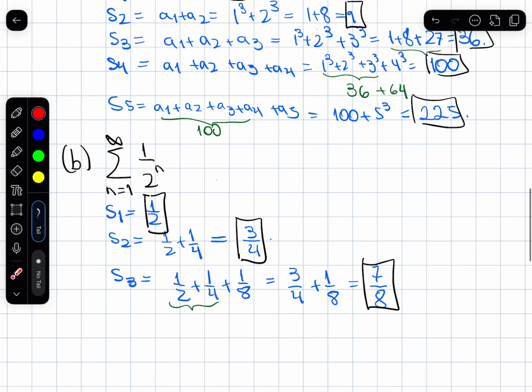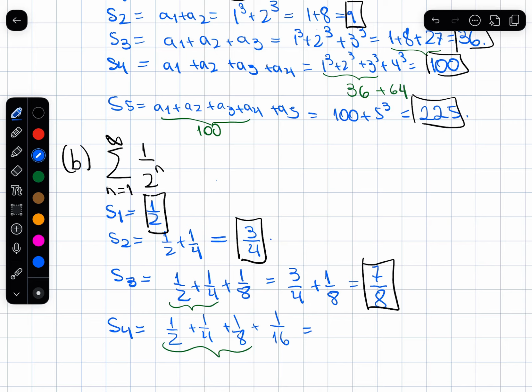So let's see what S4 is to see if our prediction is correct. And maybe it's not going to be correct. So S4, I'm adding 4 terms now. And so these I've already added. So that's 7 over 8, plus 1 over 16. So I now find the common denominator again.